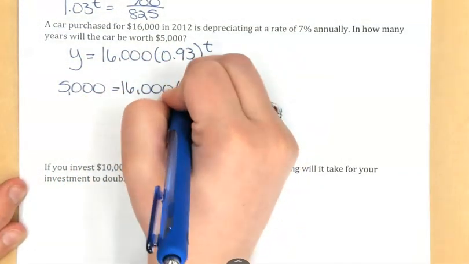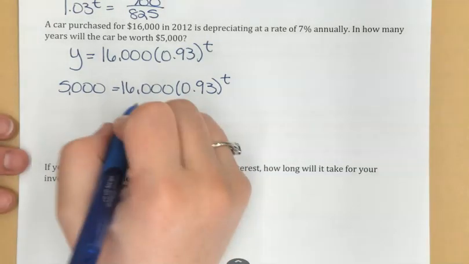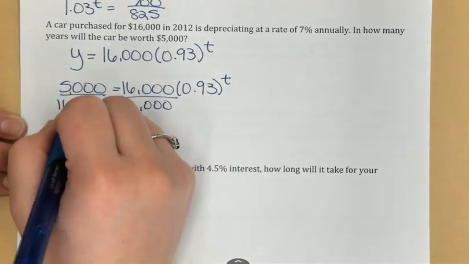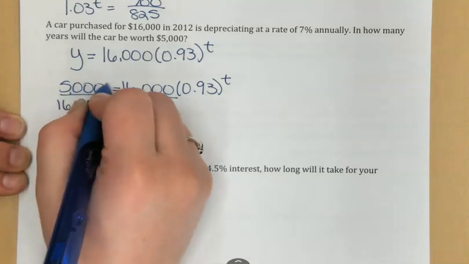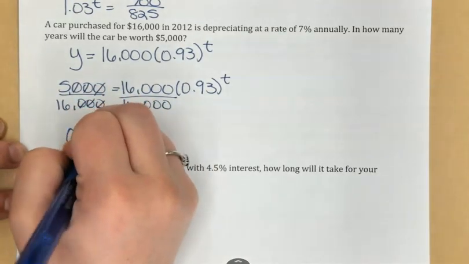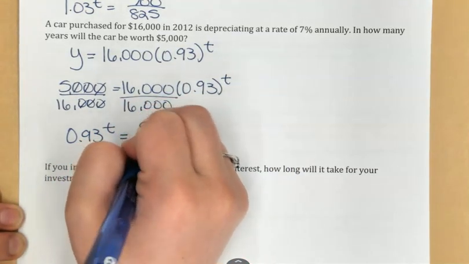And now I've got an exponential equation to solve for t. So I need to get my exponential alone first by dividing by 16,000. And this will also remain as a fraction, but I can cancel out those zeros to make my life a little bit easier. And 0.93 to the t is equal to 5 over 16.